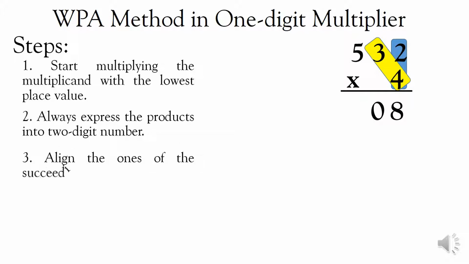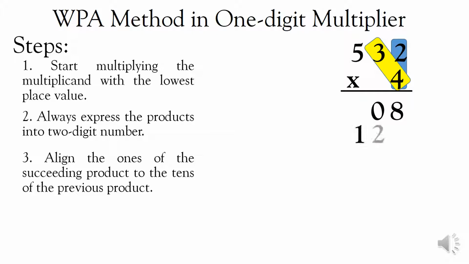The third step tells us to align the ones of the succeeding products to the tens of the previous products. In this case, our previous product is 08, and our succeeding product will be 12. That is the product between 3 and 4.